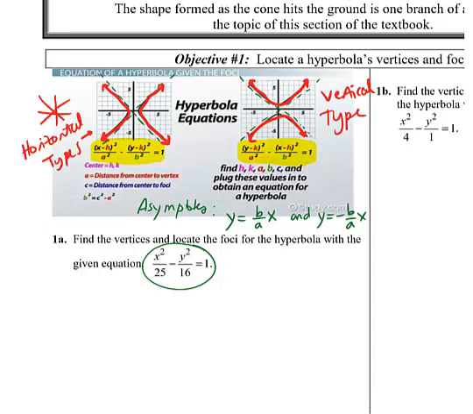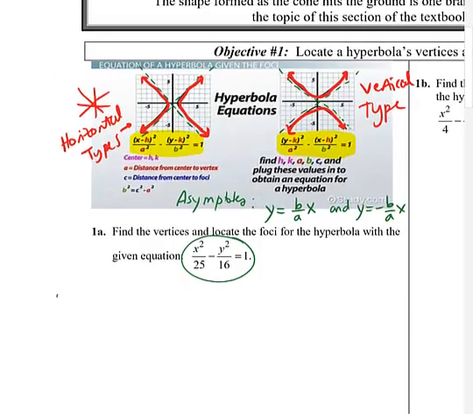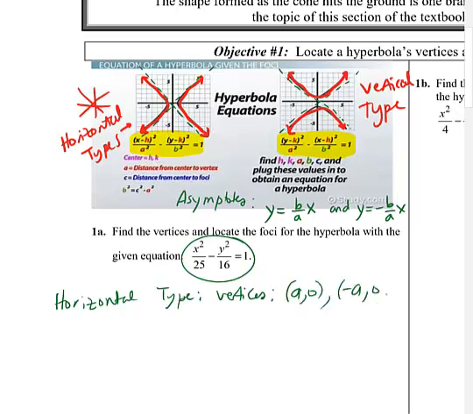Horizontal type. It doesn't say that up at the top, but it should have vertices at the points a, 0 and negative a, 0. So we just have to figure out what a is, and we'll know the vertices.